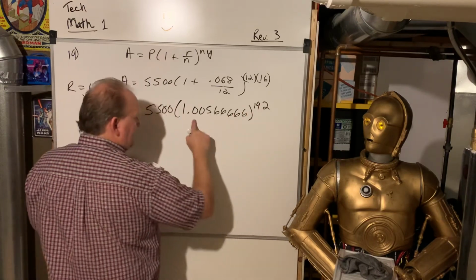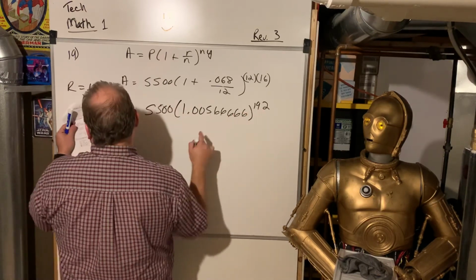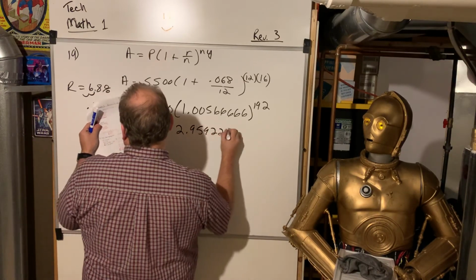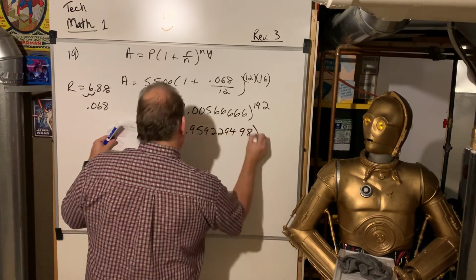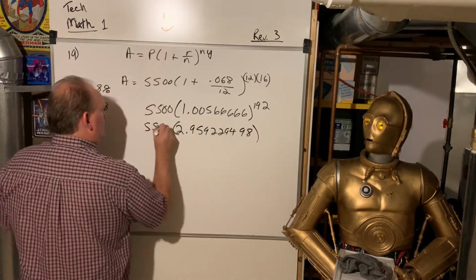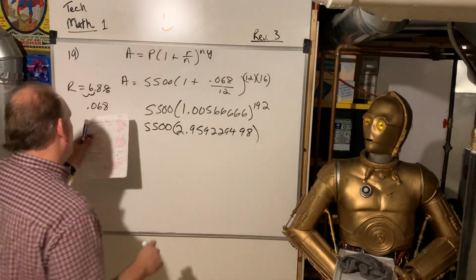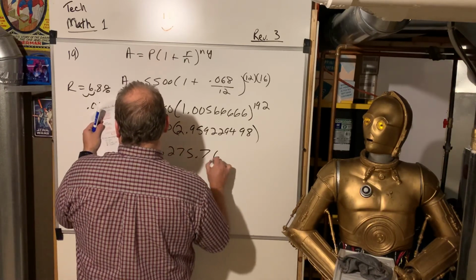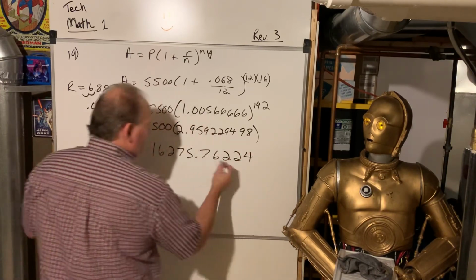So then you take that to that power. It's just a scooch over 1, so it doesn't really grow like you might have thought it was going to. And then times 5500. And so you end up with $16,275.76. There's still more after it, but it's money.